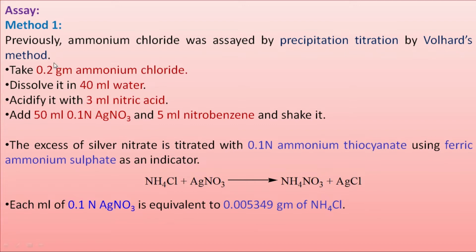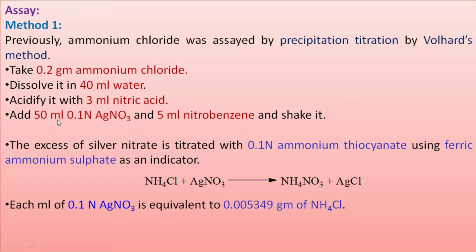In Volhard's method, we will take 0.2 gram ammonium chloride and dissolve it in 40 ml water. Then we will acidify this solution by adding 3 ml nitric acid.